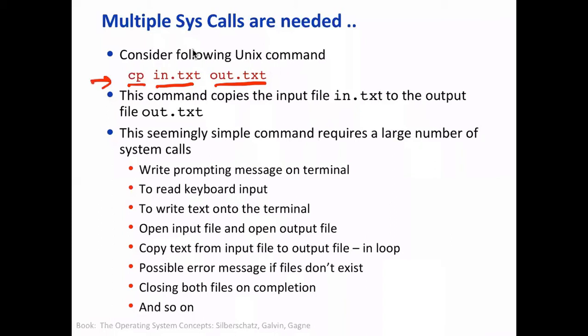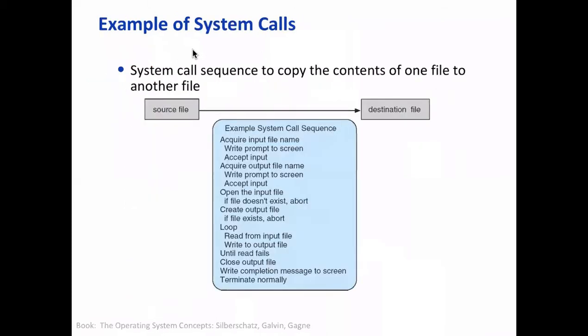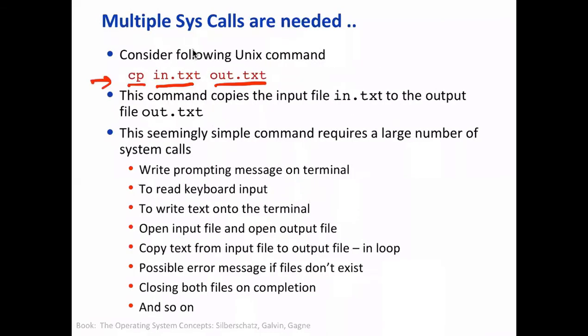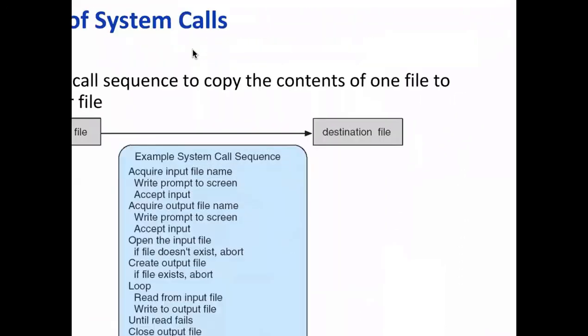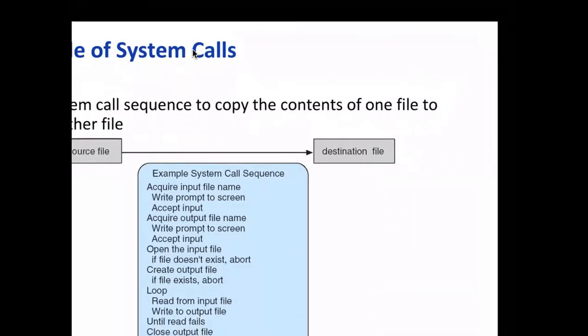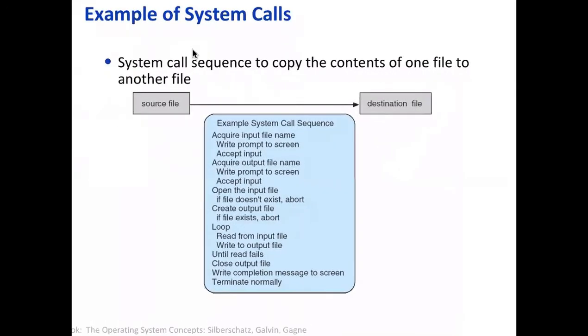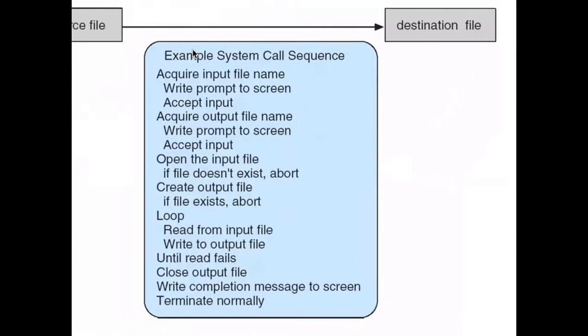But in turn, when it's implemented, it will have a very large number of system calls. The same thing is shown pictorially here. This is a system call sequence to copy the contents of one file to another.